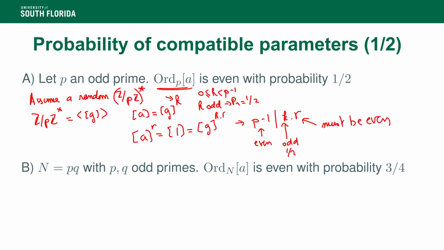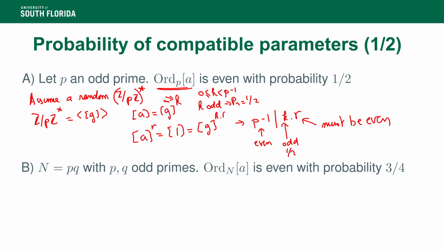So in the case that happens with probability 1/2, where the K that defines A is odd, then R, the order of A, must be even. So we have our first point here proven.